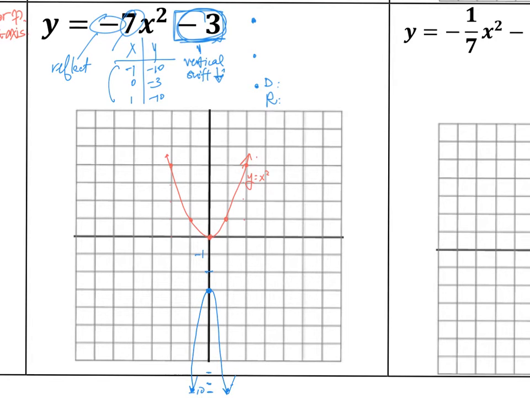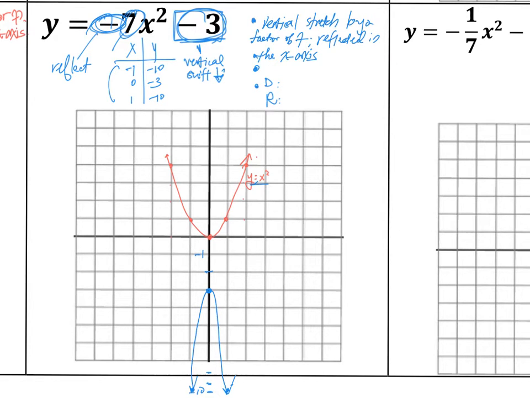Okay, so as you can see, this graph has a vertical stretch by a factor of 7 compared to y equals x squared, and then it's also reflected in the x-axis because of the negative sign.